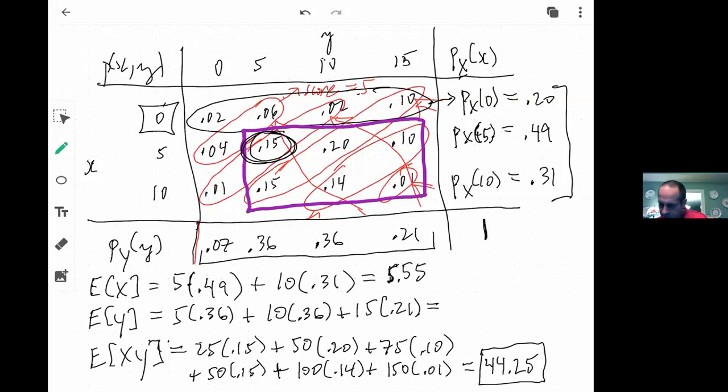And what does that end up being? I get 8.55. And notice what happens if I take 8.55 and multiply it by 5.55. So 8.55 times 5.55. What do I get?